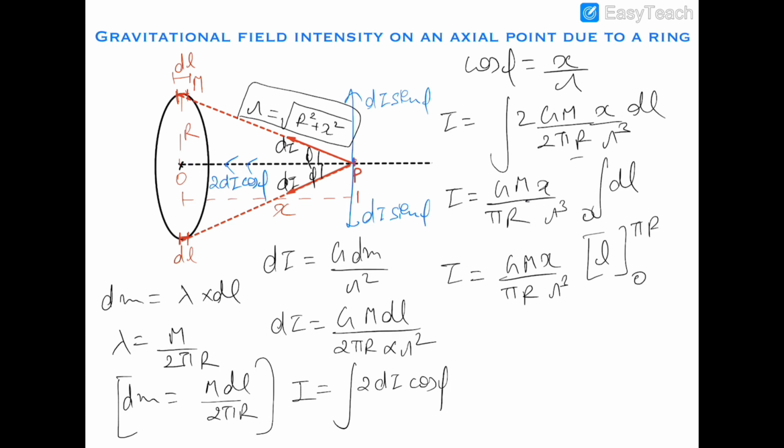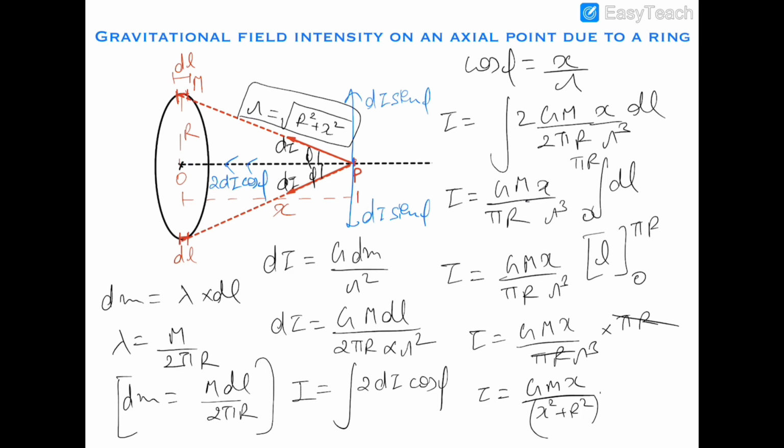I have not taken 2 pi r due to the fact that I have already assumed two elements on the diametrically opposite ends. So I would be equal to G m x by pi r into r cube into pi r. So cancelling this pi r with pi r, I would be G m x by x square plus r square to the power 3 by 2.